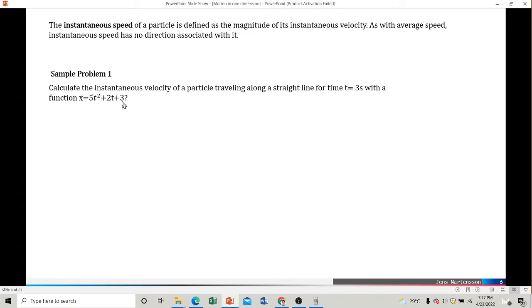And this constant 3 would be equal to 0. So as defined for the limit of a function, that is equal to the dx or the derivative of the position with respect to time, so we can get the value of instantaneous velocity for the time that is equal to 3 seconds. So we have 10t, twice, 2 times 5, 10t plus 2 is equal to 32 meter per second.